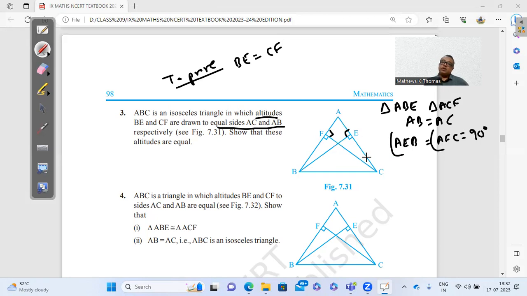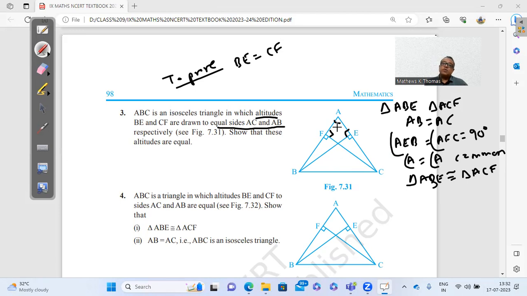Now we need one more condition. For that, look at the triangles. You will find that angle A is common, whether you take ABE or ACF. So angle A equal to angle A common. Therefore, triangles are congruent.